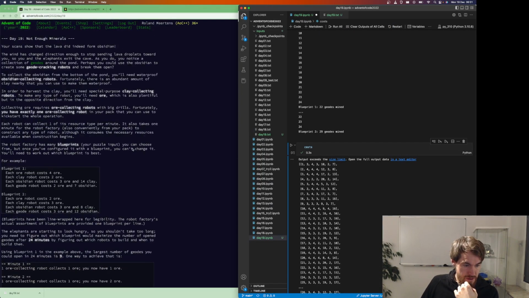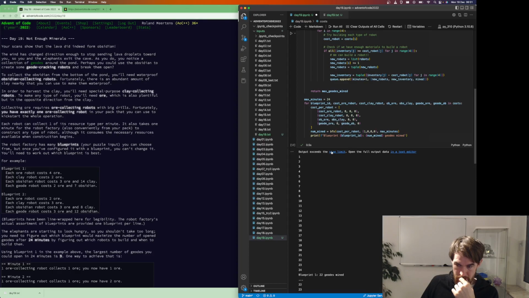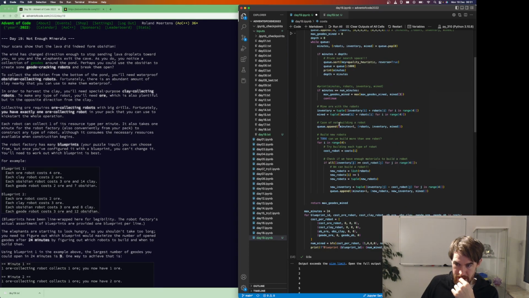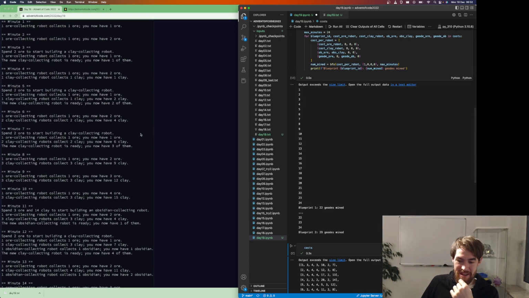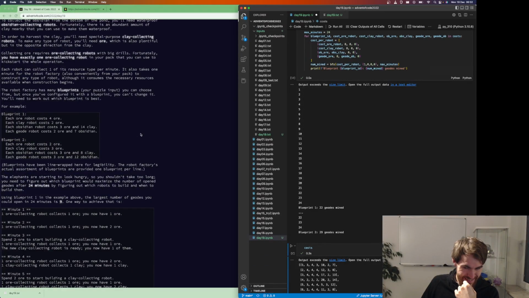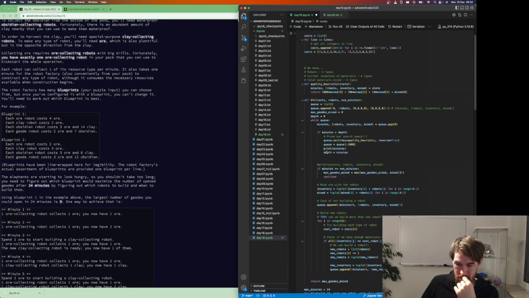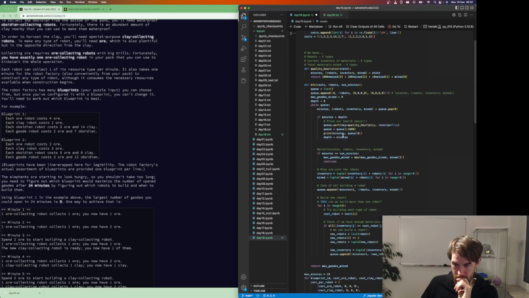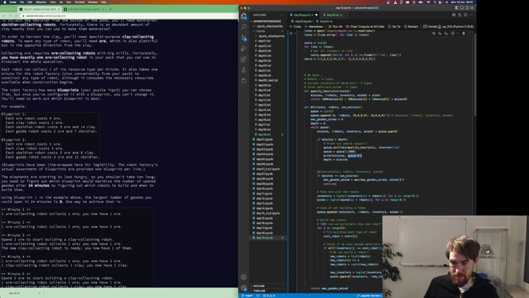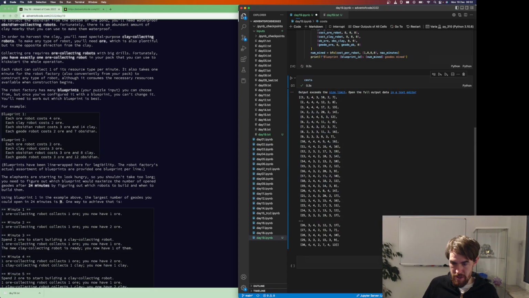So with blueprint 1, we can... Oh, looks like I have a better answer than the computer has. Two robots, inventory, mines.